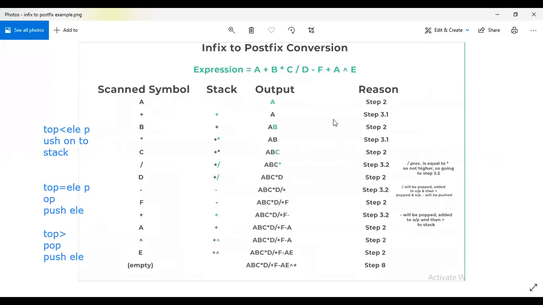You have to remember which step in the algorithm I have used. Then you can easily understand the conversion of infix to postfix expression.